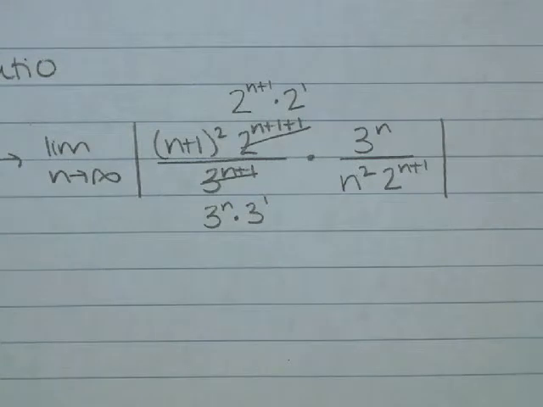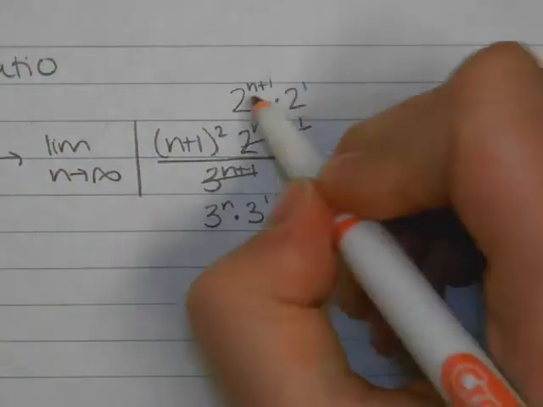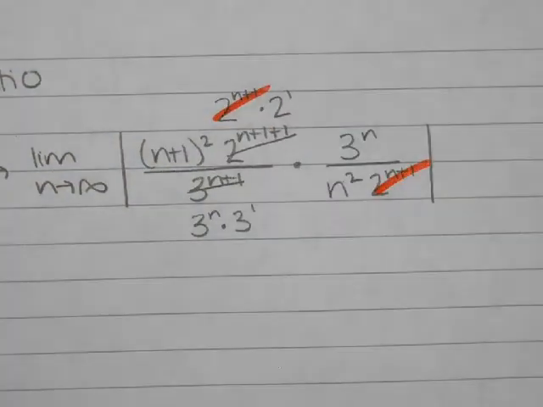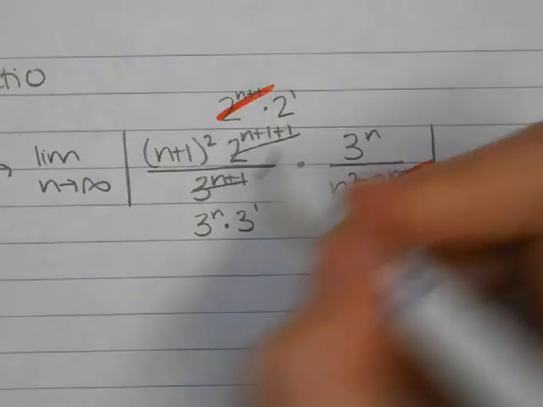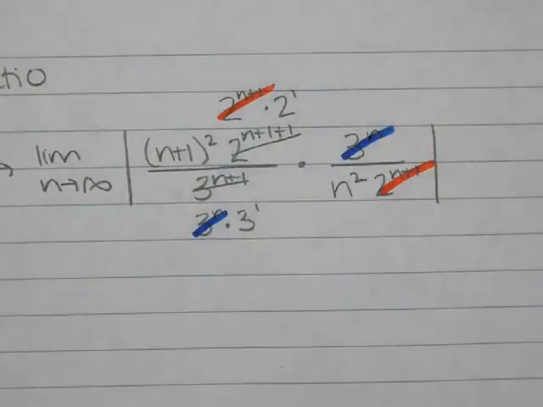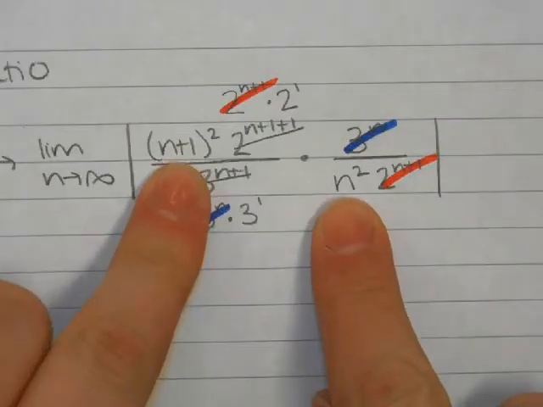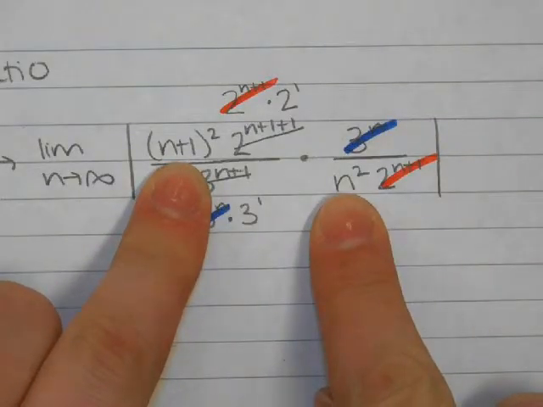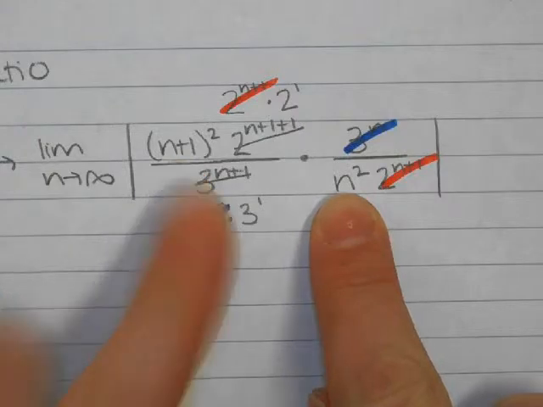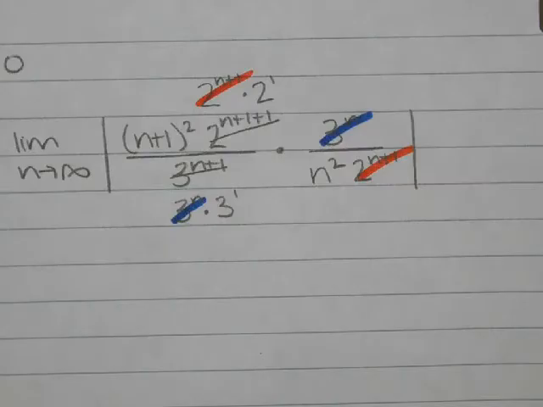And so now I can go through and do my canceling. So 2 to the n plus 1 cancels. 3 to the n cancels. One of the biggest mistakes I see students make is thinking that there's any sort of canceling that can be done here, and that is just not the case. All right, so make sure you do not cancel those.